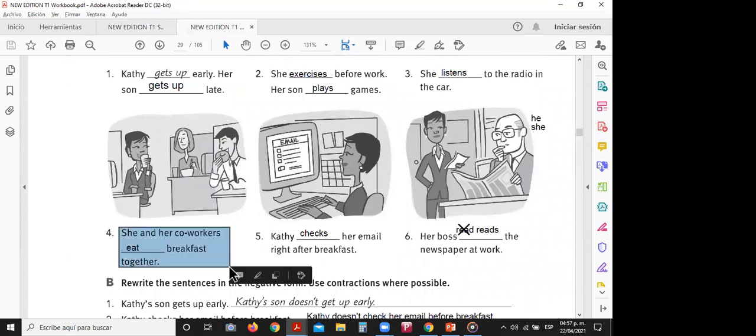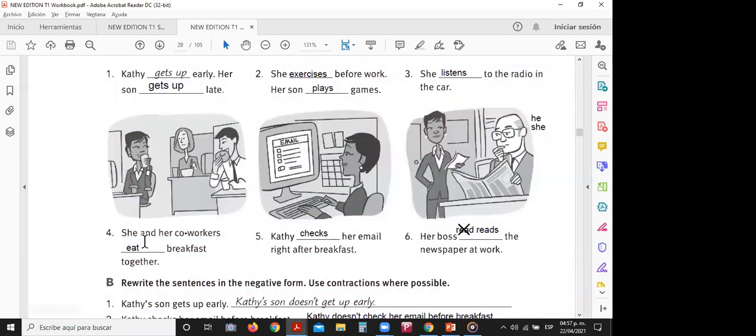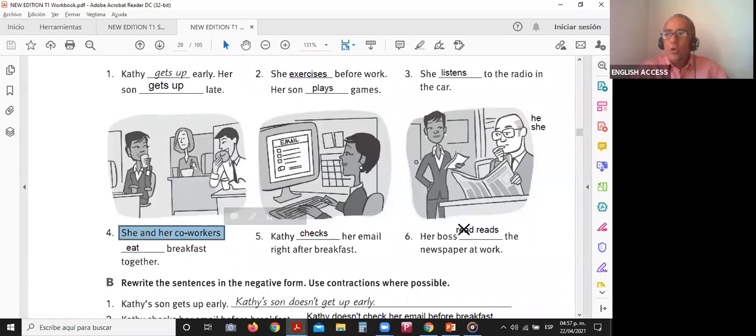She and her co-workers eat breakfast together. Here is she and her co-workers. We don't change the verb because here it's like we are talking about they. She and her co-workers, they. So the verb doesn't change.